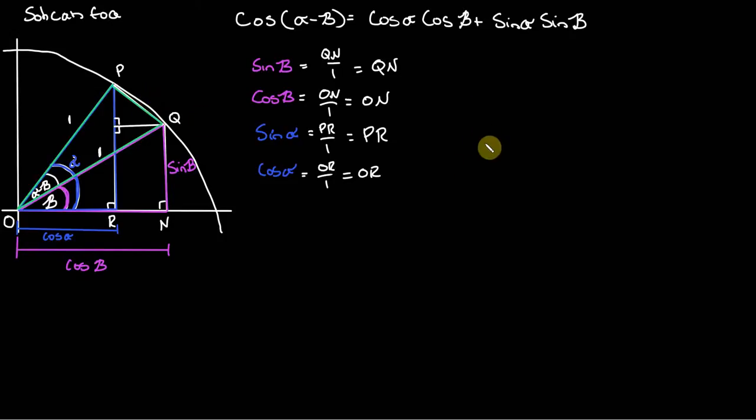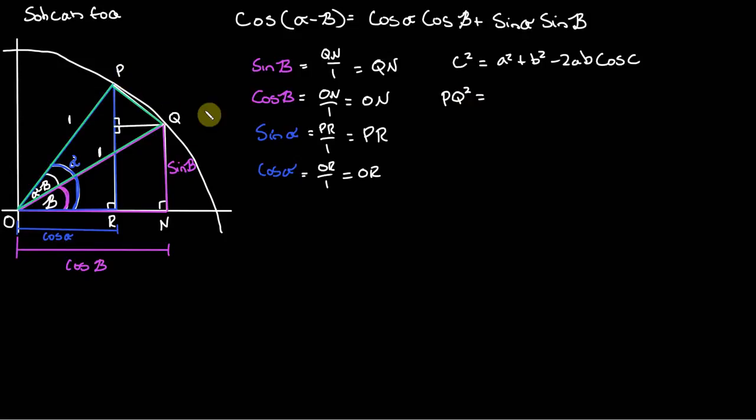And so, I suppose one of the key steps is that we can use the law of cosines, which we know in general is c squared equals a squared plus b squared minus 2ab cos c. And this is just the generalized form. We can apply this here where we have PQ squared.